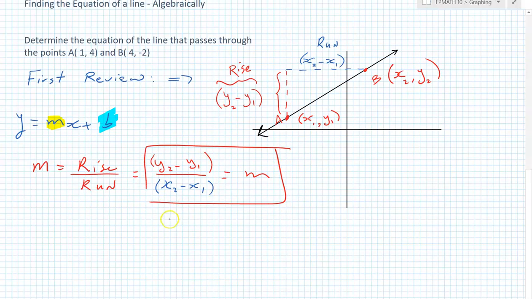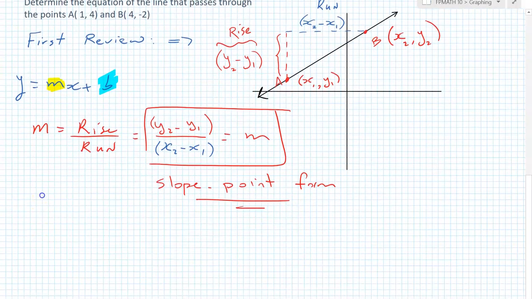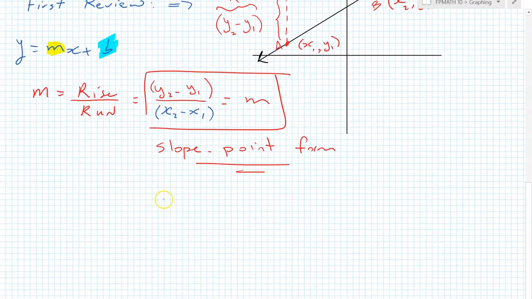And by the way, when you manipulate this, it is called the slope-point form of a line. So I can manipulate this equation and write m over 1, then multiply both sides by the lowest common denominator, which is x2 minus x1.